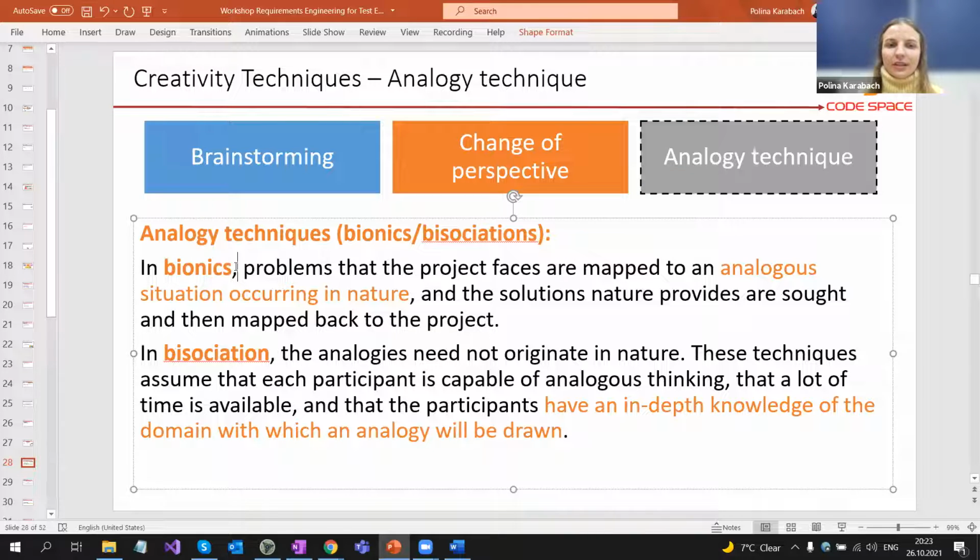We would see some situation occurring in nature and how it is solved there. So like engineering in nature, or by association, where we would need to know this domain quite well. Everybody should understand a certain process in the other area. And we would also see how certain things are solved there. So we're drawing the analogy, and this helps us to also create some new ideas for our feature.